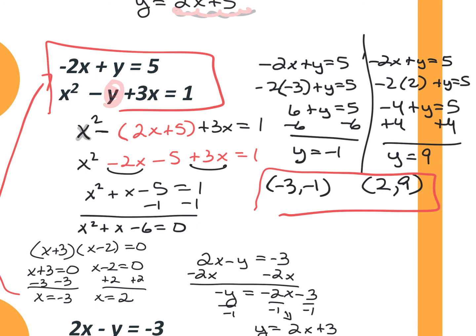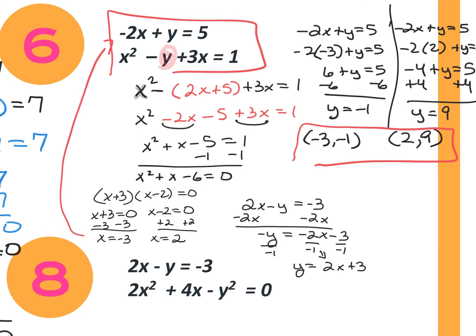Again, remember, you can always take your two solutions and plug them in. Both have to work in order, like -3, -1, when you plug it into both equations, it's got to work for both. Then if you try the 2, 9, anytime it doesn't equal, you've done something wrong somewhere, and I would go back and start all over again.